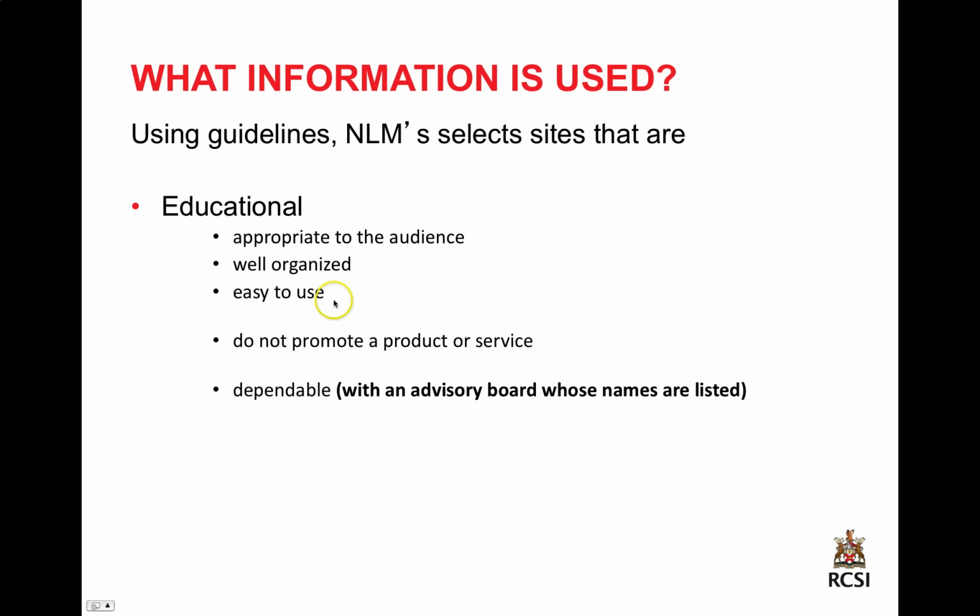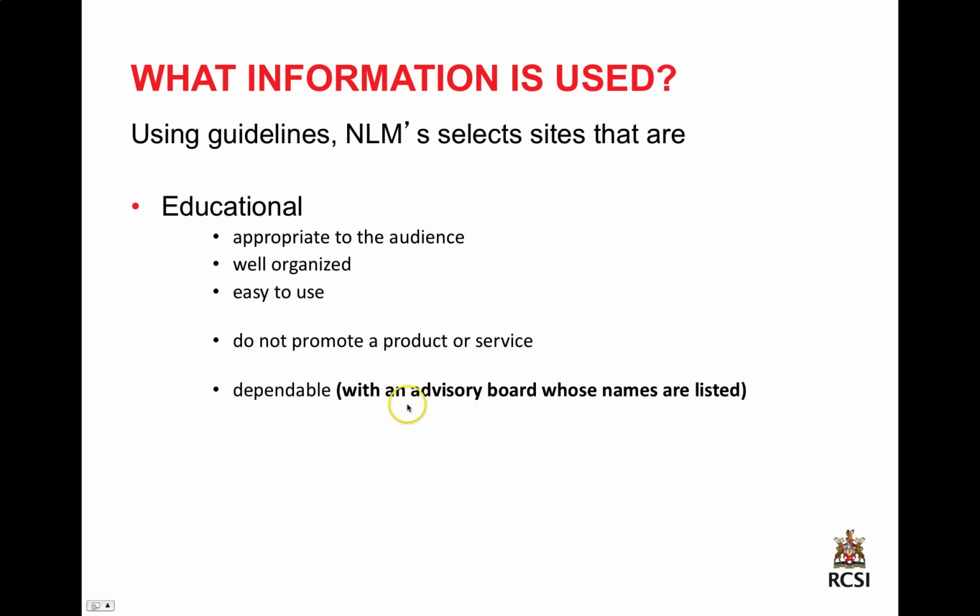It's well organized and easy to use, which I suppose you'd expect. But most importantly, it will include sites that don't have any commercial bias. So we're not looking at a site that's trying to sell aspirin or a certain brand of medical equipment. We're looking for something that is non-profit.